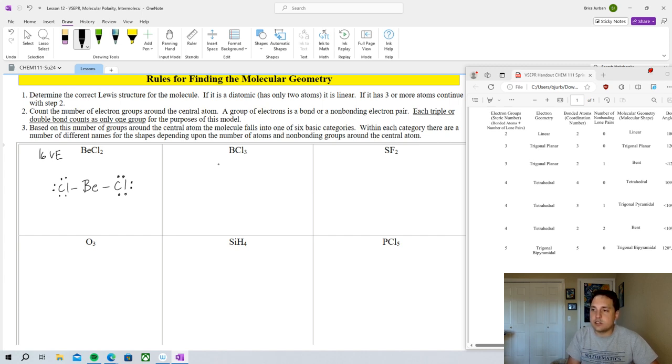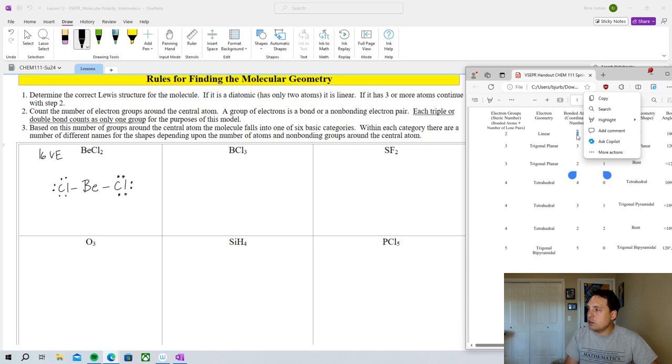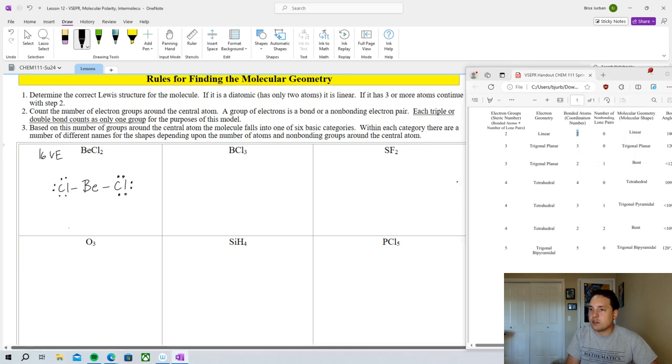It's electron deficient. It's going to only have 4 electrons. We can't fulfill its octet. And because of that, we can see that the geometry that fits best is going to have 2 atoms that are attached and 0 lone pairs. So this will be in a molecular geometry that's linear.